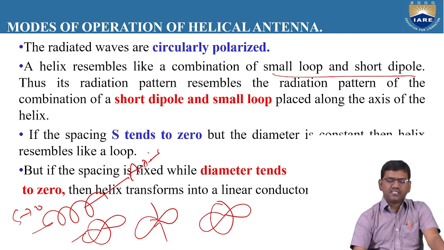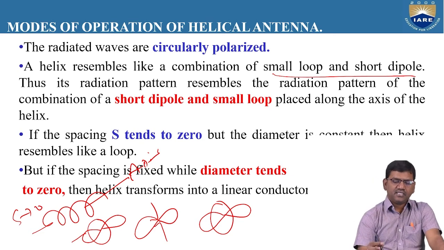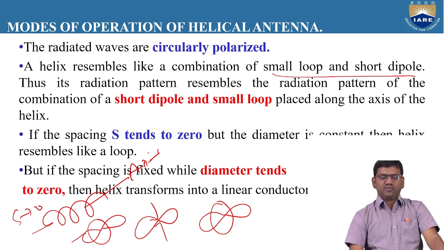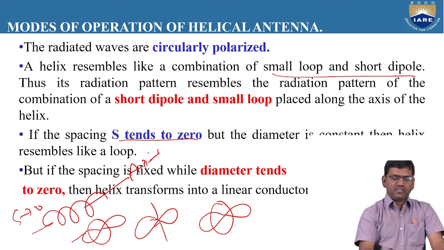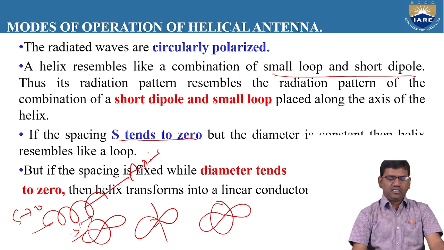If the spacing S tends to 0, but the diameter is constant, then the helix resembles a loop, right? If S tends to 0, that means the spacing between the turns tends to 0, then the helix resembles a loop.